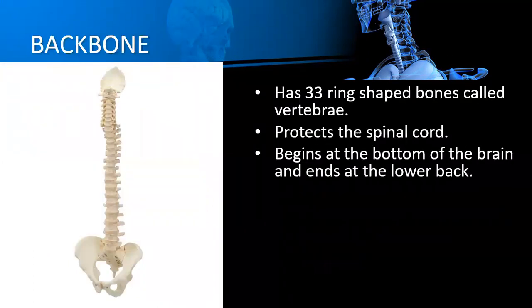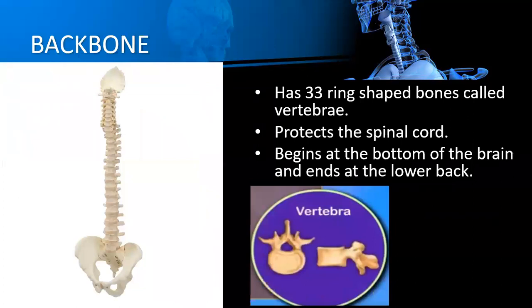Backbone. When we touch our back, we will feel a hard part running from the neck down to our back. This is called as the backbone. Backbone is made up of 33 bones called vertebrae and is joined to the skull.